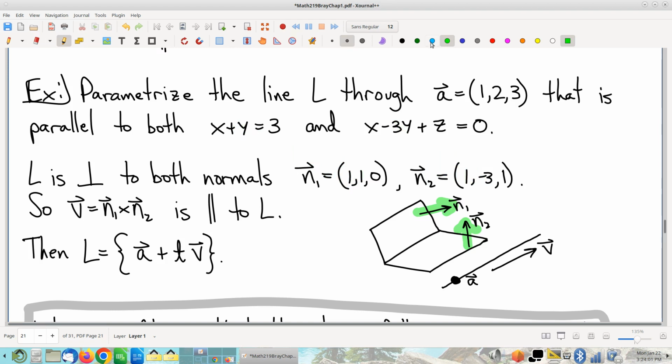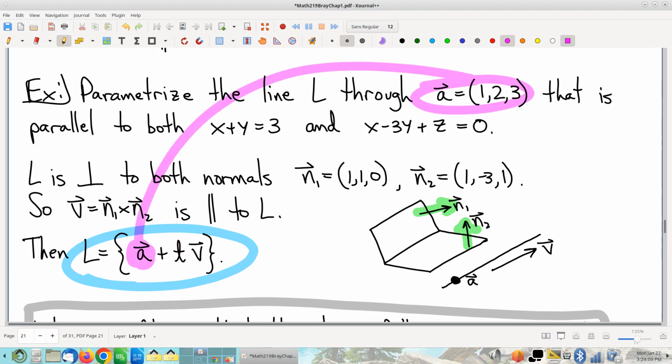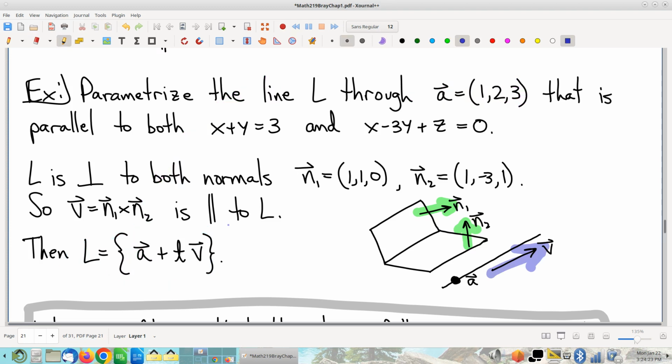Well, I want a parameterization. The parameterization requires a starting vector that's given, so I don't really need that. I already have that. So to get right down to it, what I really need is this direction vector parallel to my line.